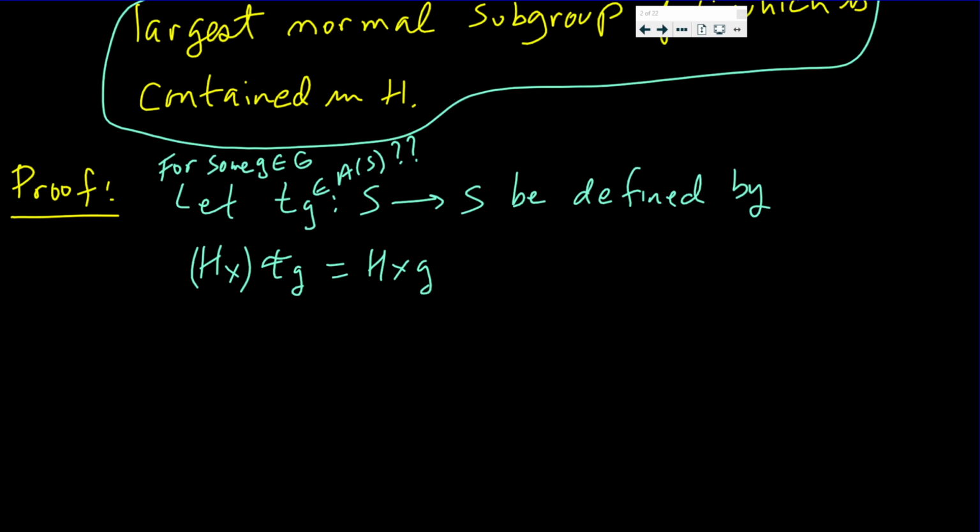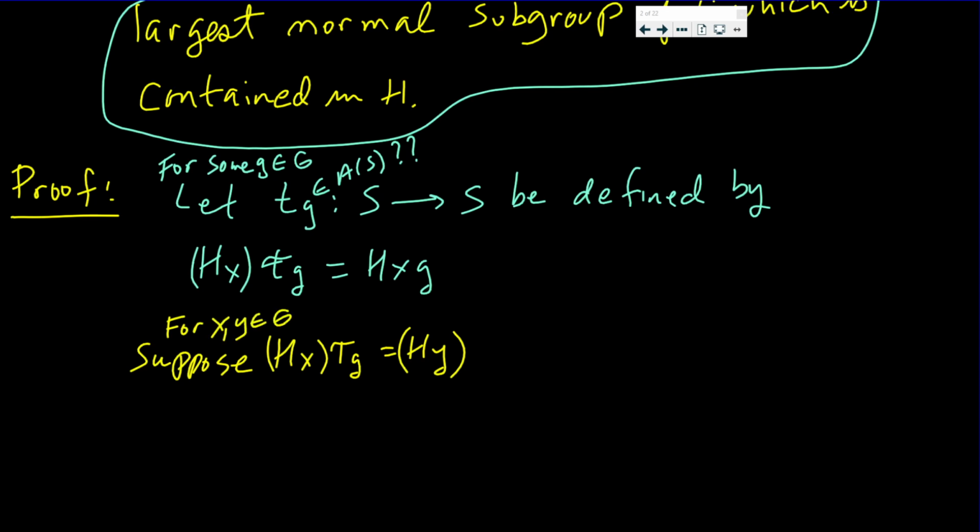The first thing is I'll show one-to-one. Suppose Hx acted on by tau g, and the same thing for Hy, where x and y are in G, that these two are equal.